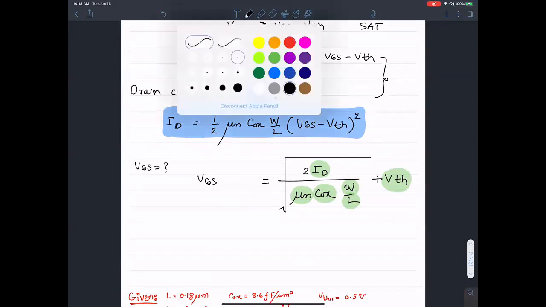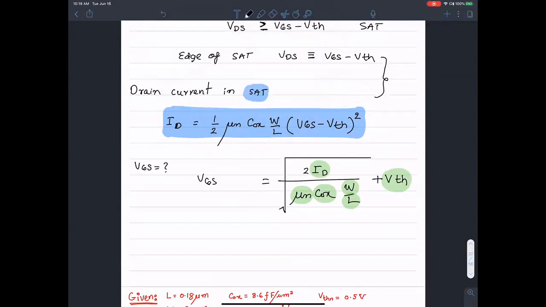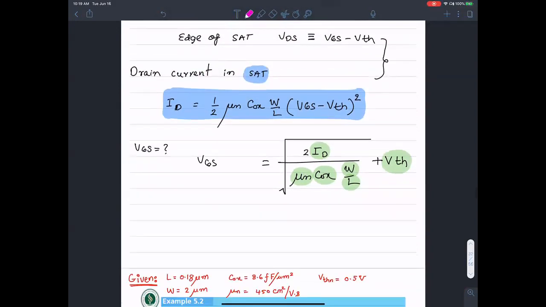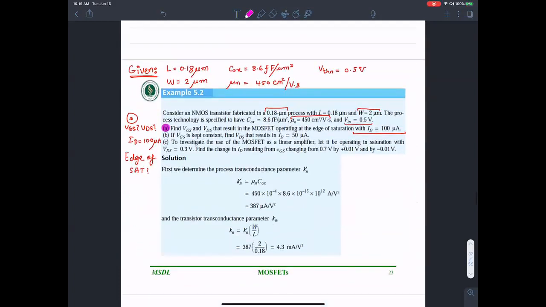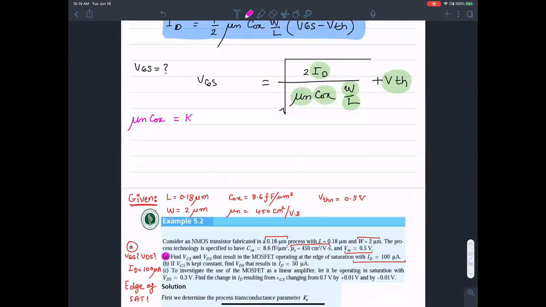By the way, let me see what the textbook does here. The textbook calculates some interim results. It talks about mu and C oxide; that product is calculated by the textbook to be K prime n, and mu n C oxide W over L is calculated to be K sub n.